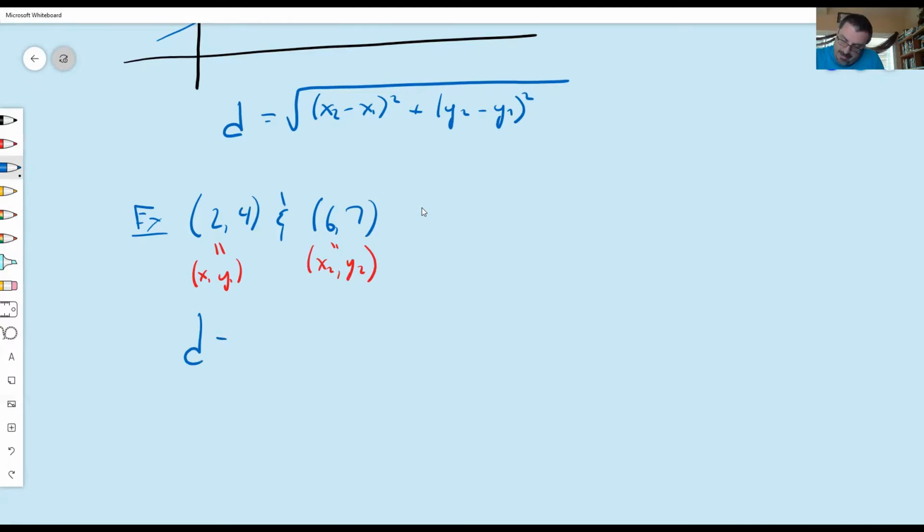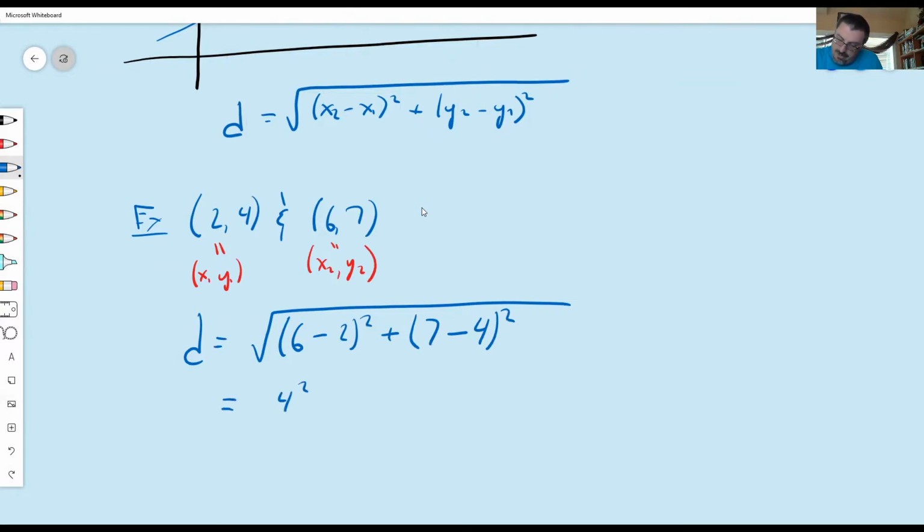Now I've got d equals the square root. x2 is a 6 minus x1, which is 2 squared, plus y2, which is 7 minus y1, which is the 4 squared.